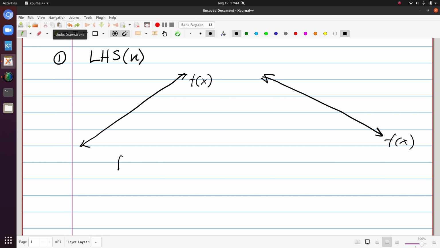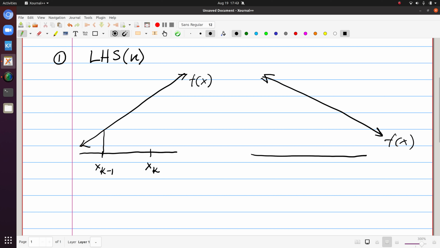And what I want to demonstrate here in all of these pictures, to make my life easier, is just drawing a single rectangle. So if I'm looking at my generic subinterval from x sub k minus 1 to x sub k, we've already established that in drawing a left-hand sum, we are going to choose this to be our height. So I'm looking at this rectangle in comparison to the actual area under that function.